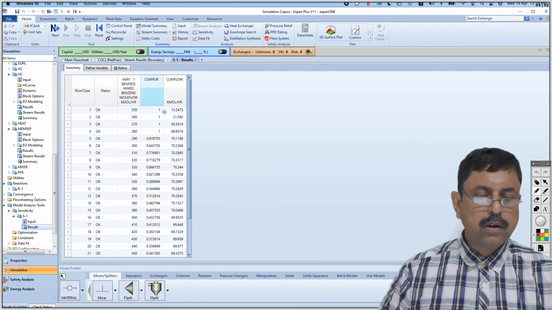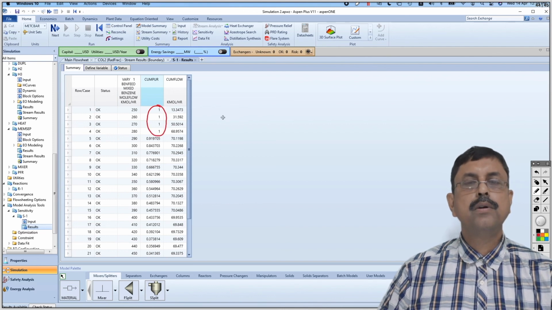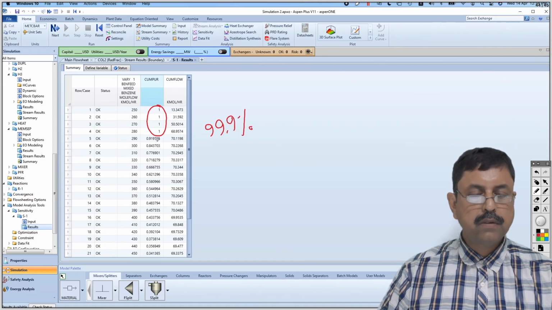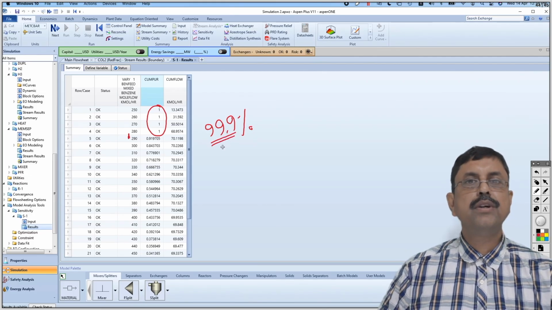You can always argue that you do not want 100% pure cumene; 99.9% purity will be enough for you. Then you will arrive somewhere between 280 and 290, where this much purity of cumene will be obtained.